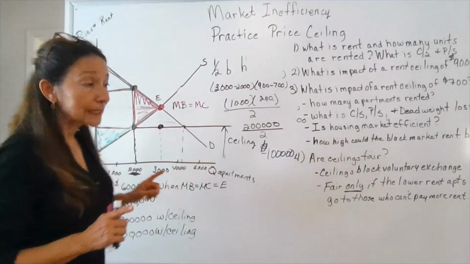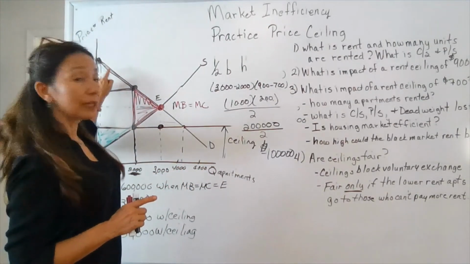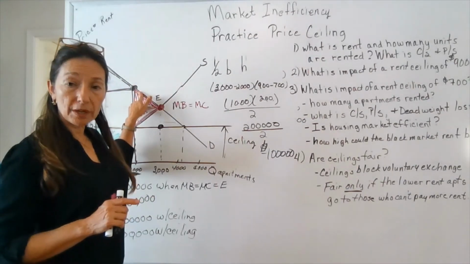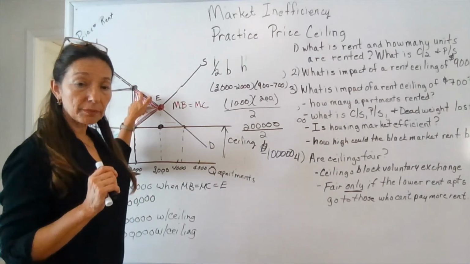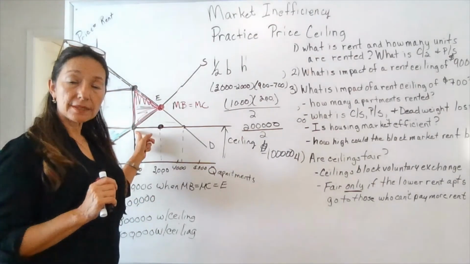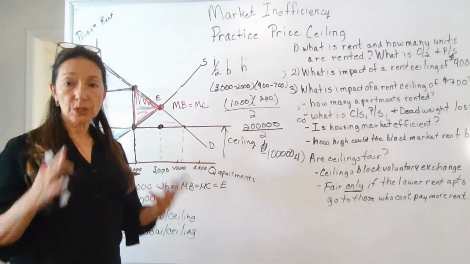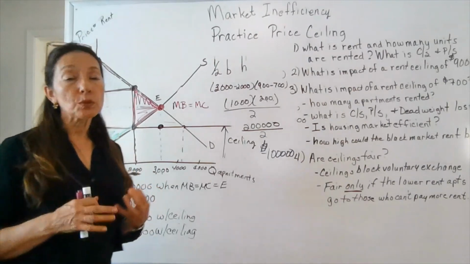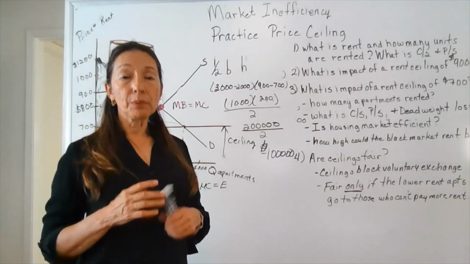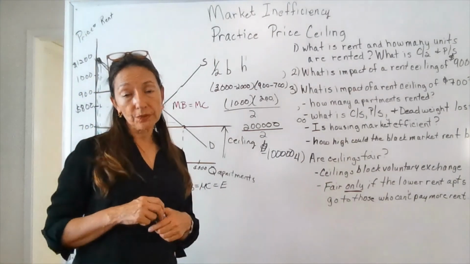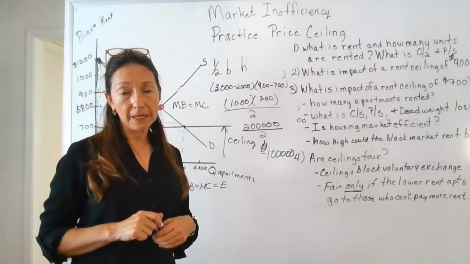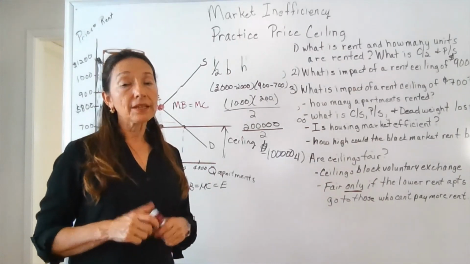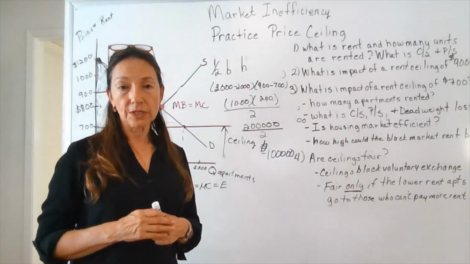So very conceivably, people who are willing and able to pay more for an apartment are getting these apartments at a much lower rate, and they have extra consumer surplus. So in that sense, price ceilings do not create fairness. They block the exchange of goods and services and private property by individuals. And they generally create market inefficiencies.